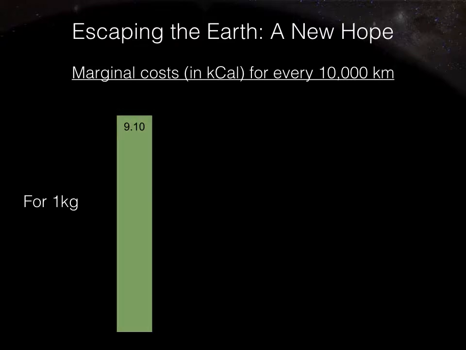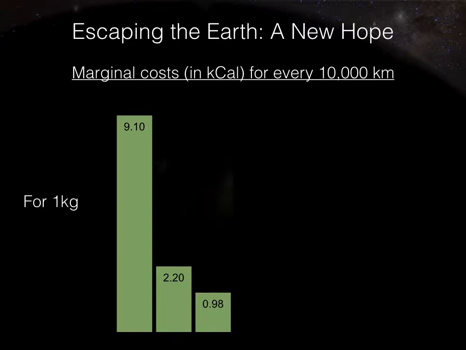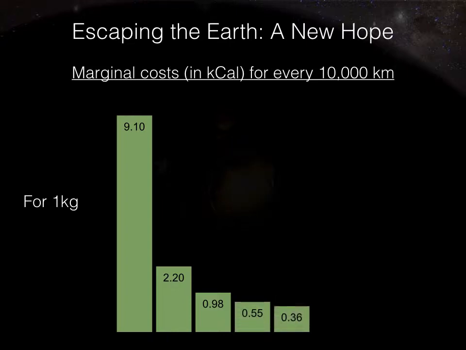For the first 10,000 kilometers away from the Earth, the cost is 9.10 kilocalories. For some additional 10,000 kilometers, that would be 2.0 more. For a further 10,000, that would be 0.98 more, and then 0.55, then 0.36, then 0.25, and then an additional 10,000 would be 0.18.